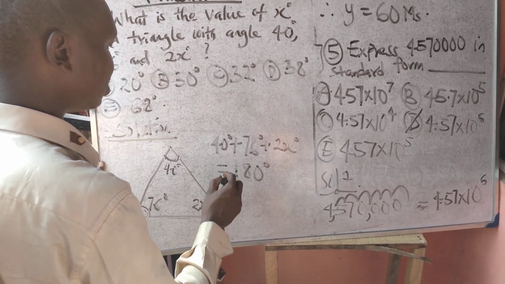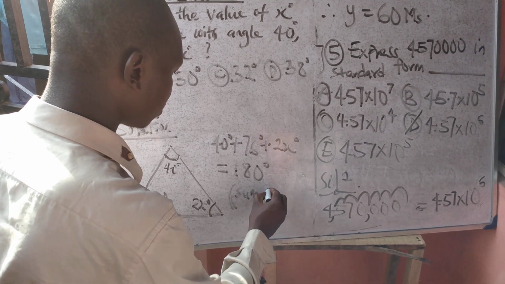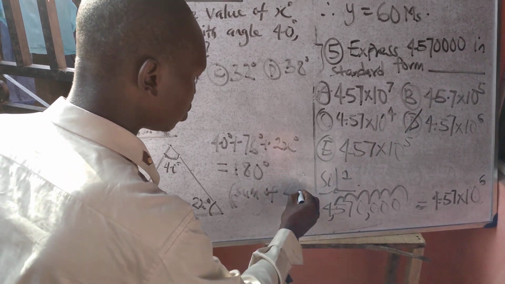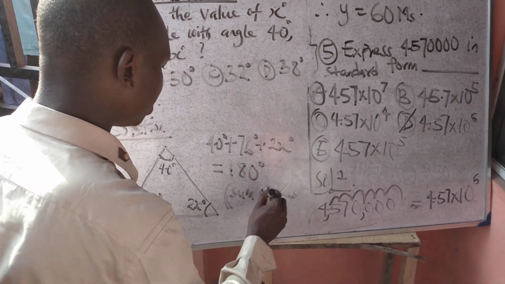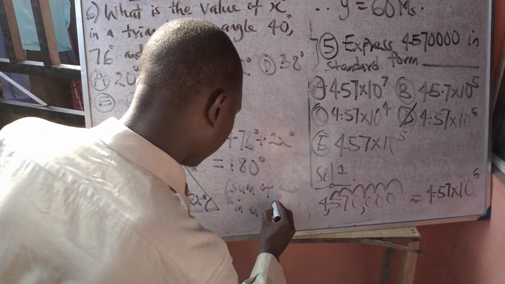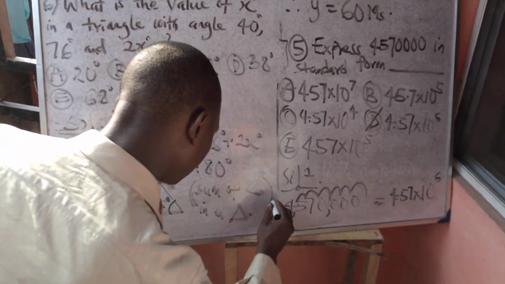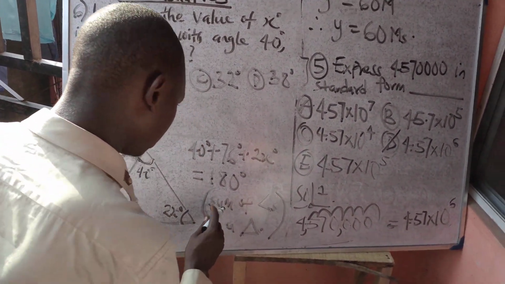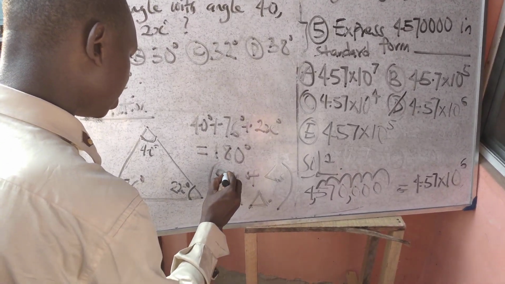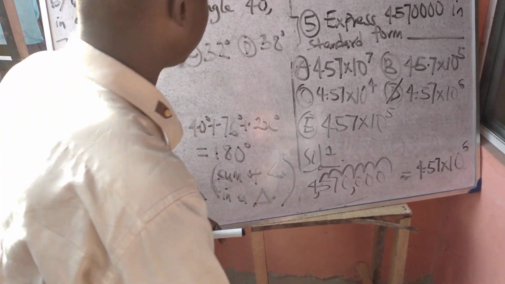In bracket you write: the sum of angles in a triangle.